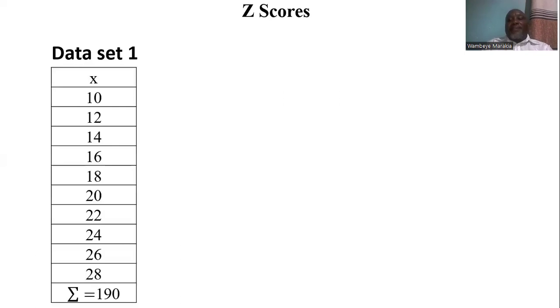Now we have the data we were using in our previous examples, which is the data I want us to fall onto. From this data, we are going to calculate the mean. We see there are 10 values in this data set, and when you add all the values, the sum is 190.